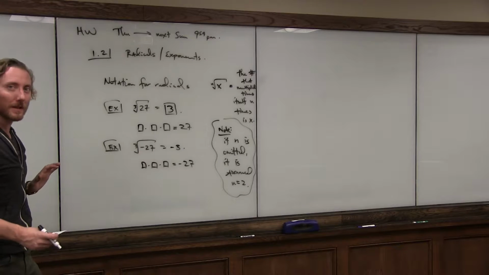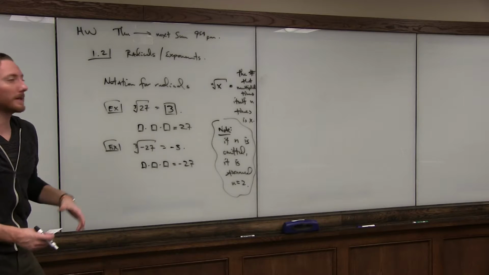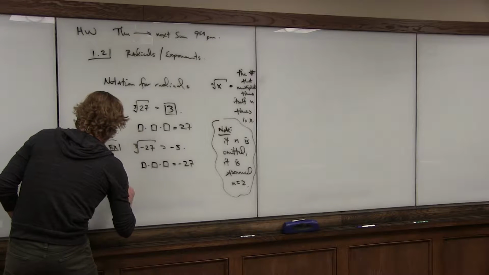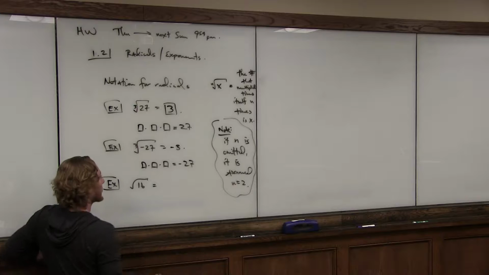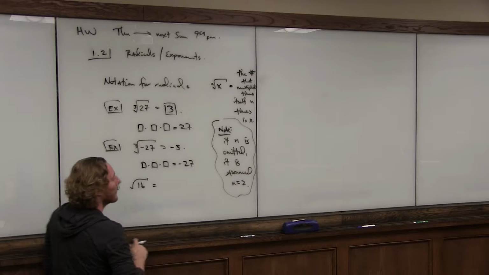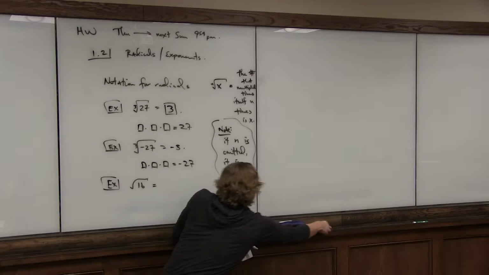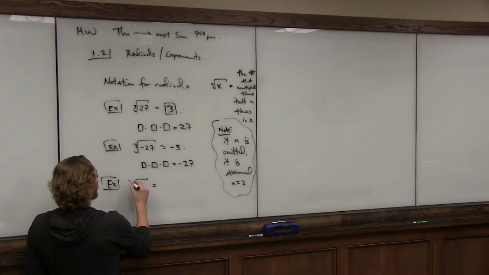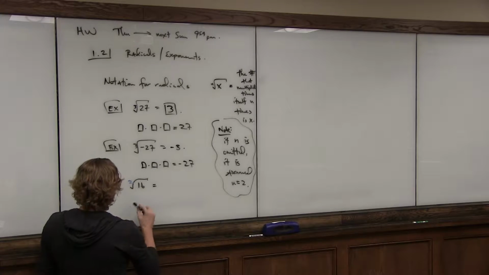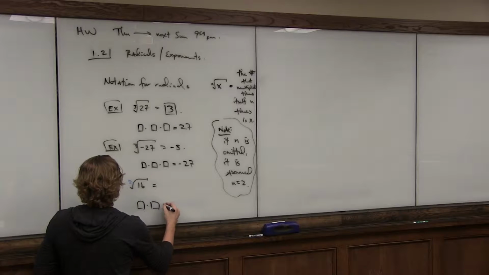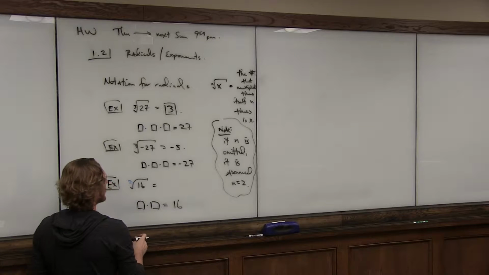If you happen to have the n omitted, we assume that it's 2. So if we have something like this, the radical of 16 with no number written here, it's assumed that even though that number isn't written, that number is a 2. So in other words, to answer this problem, you have to ask yourself what number times itself twice is 16.